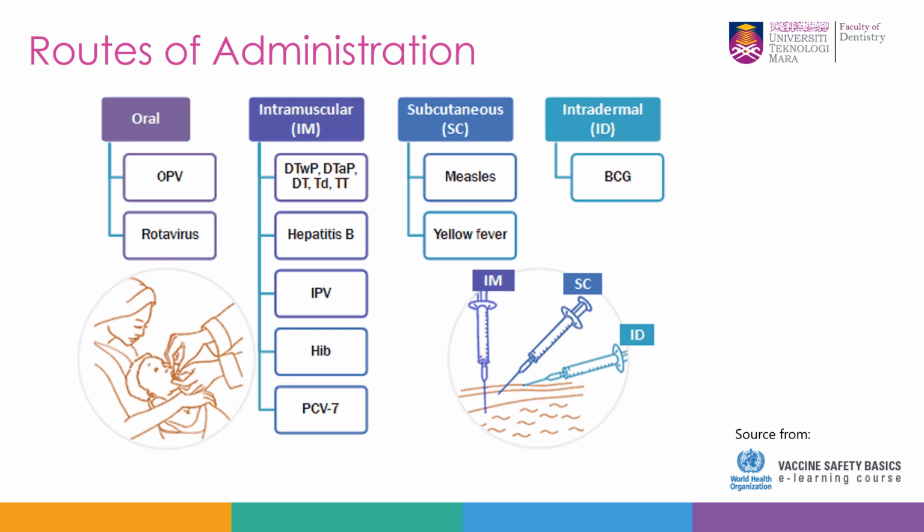All these are given through IM. Other vaccines use different routes. Everyone has had a BCG, which is given intradermally, measles through subcutaneous, as well as yellow fever. And there are oral vaccinations as well, but not very common for us, which are rotavirus and OPV. So these are the available routes of administration for vaccines.